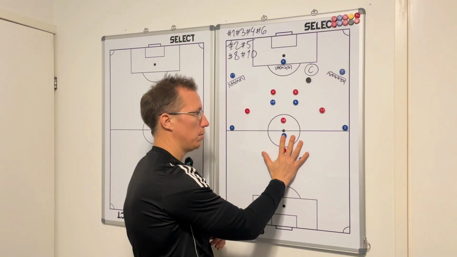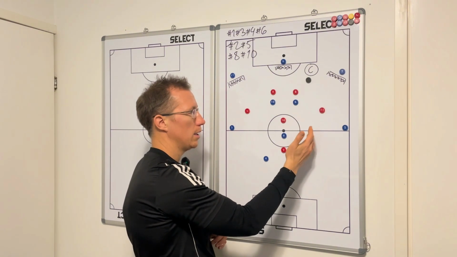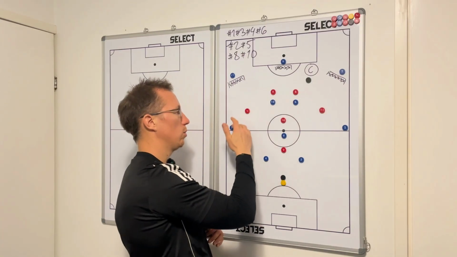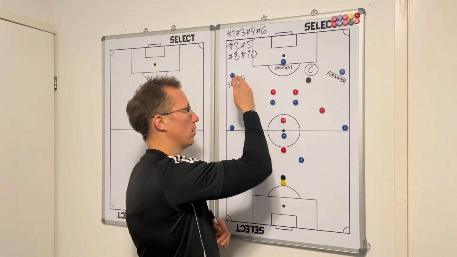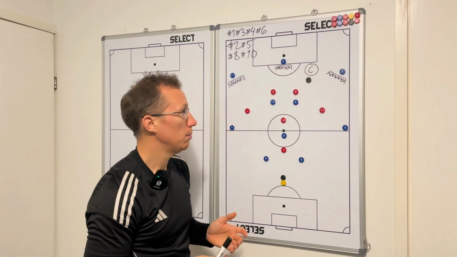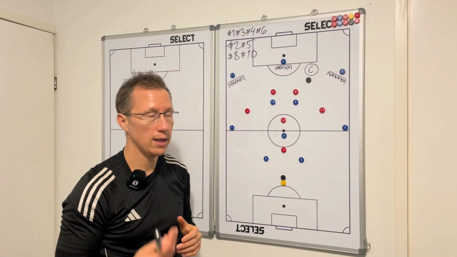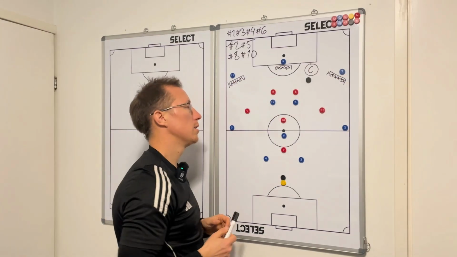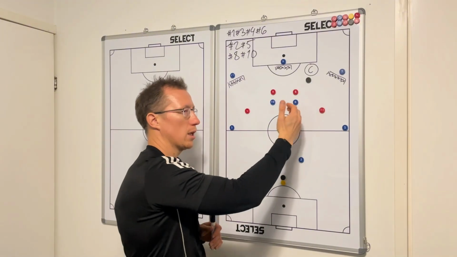Your players who are building up are free to push up and either play to one of the blue players there or try to score immediately in one of the 3 mini goals representing our wingers, numbers 7 and 11, and our striker, number 9.